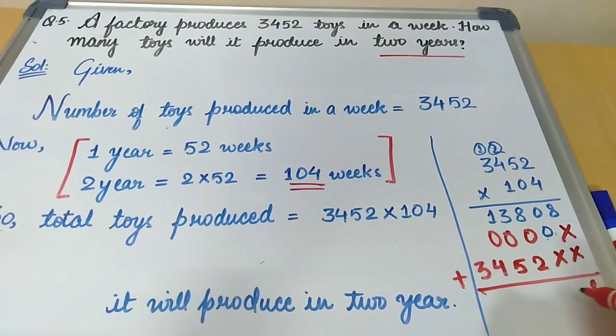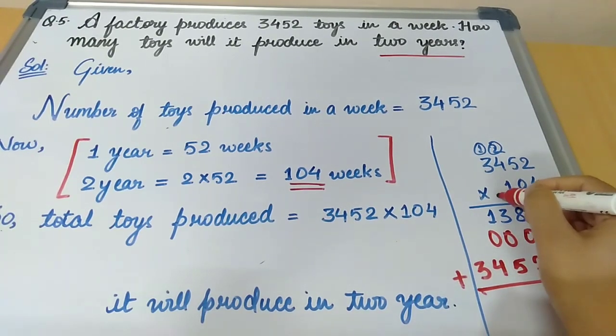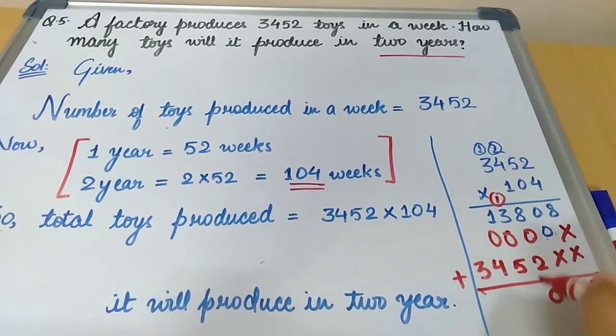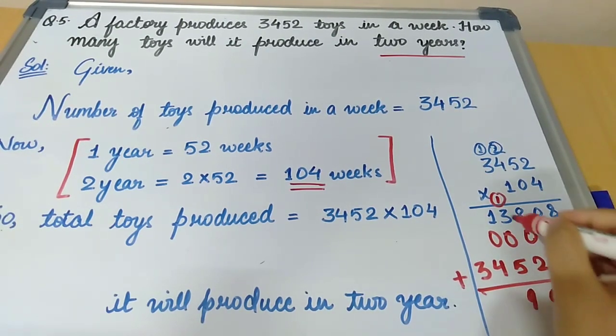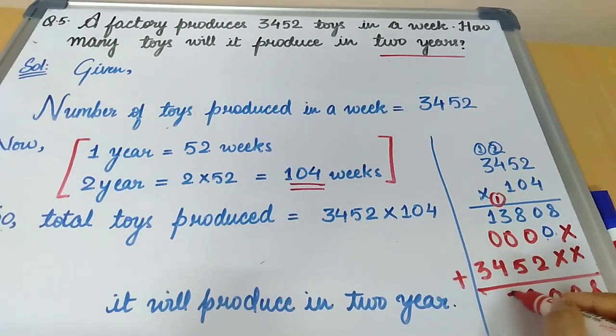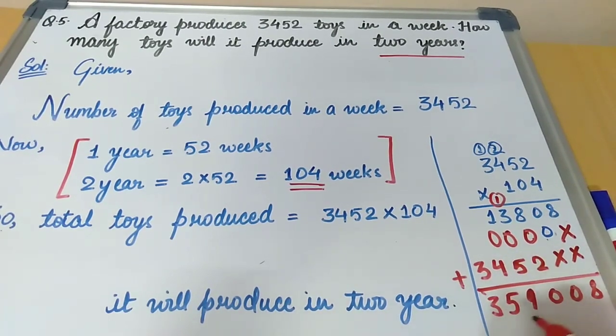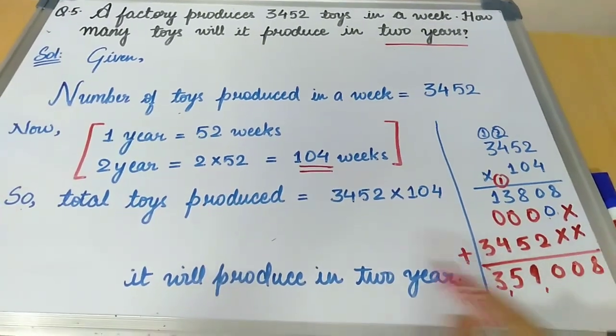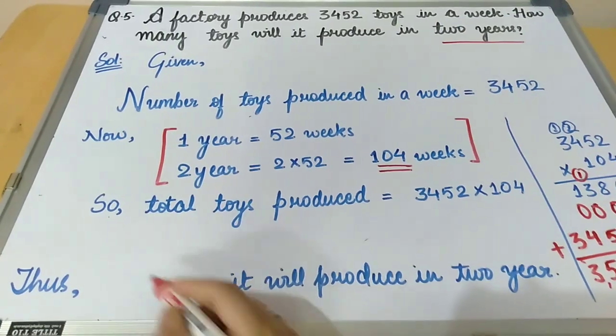So 8, 0 and 0 plus 0 is 0, 8 and 2 is 10, carry over 1, 5, 6, 7, 8, 1, 9. Okay, 4 plus 1 is 5 and 3. So which number have we got? 3,59,008.